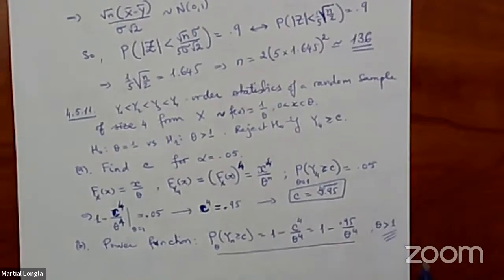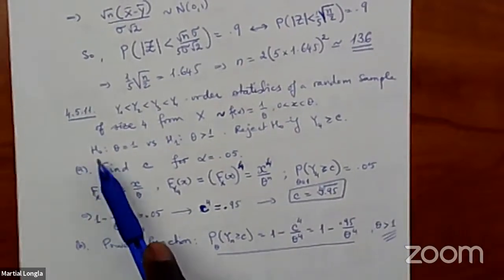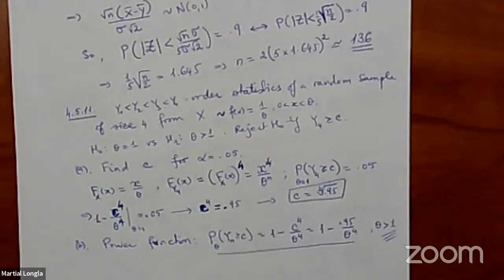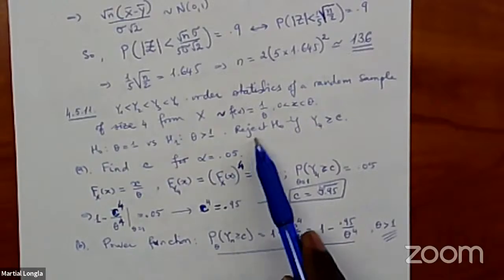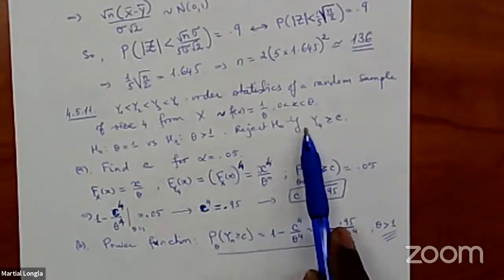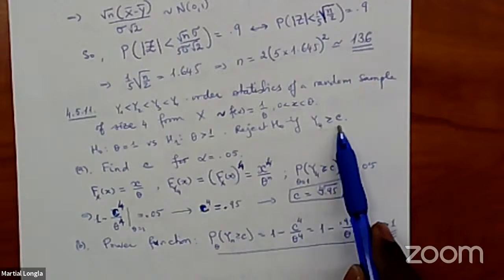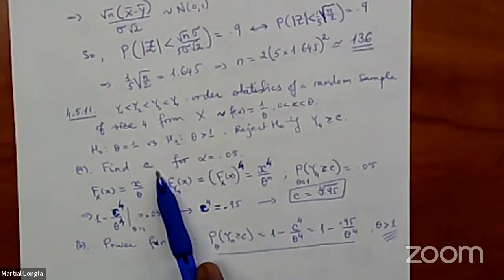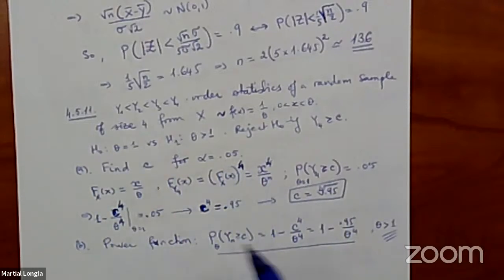And you have a hypothesis to test: H naught, theta equal 1, versus H1, theta larger than 1. And the rejection rule for the critical region says reject H naught if Y4 is larger than or equal to C. The question is to find C for alpha equals 0.05.